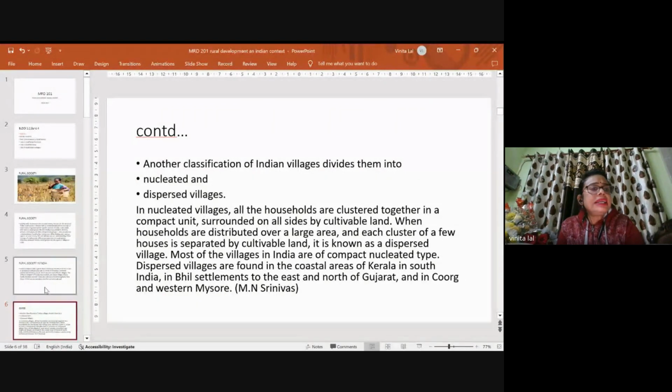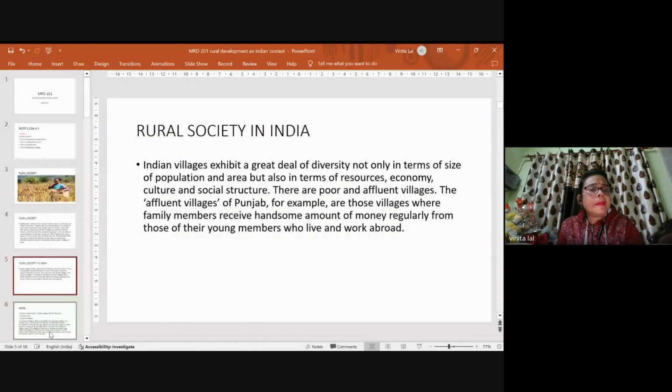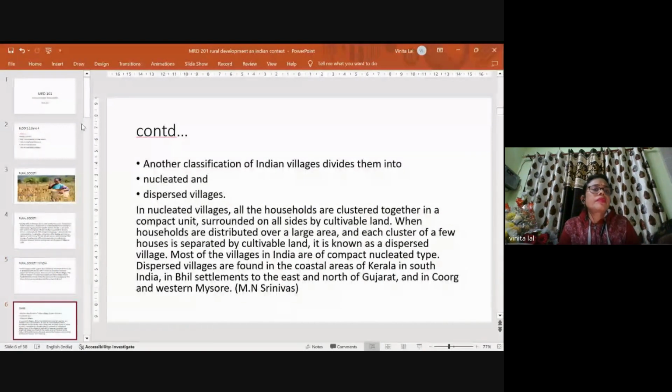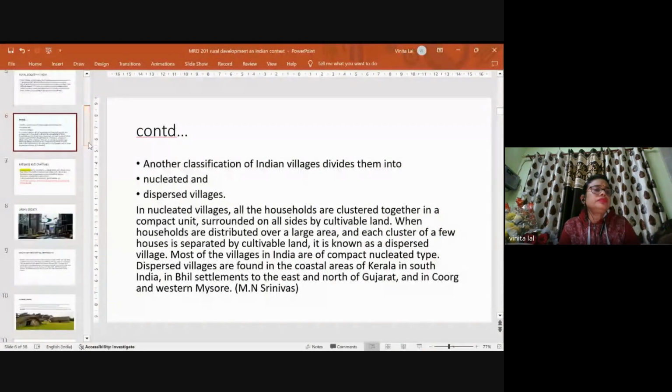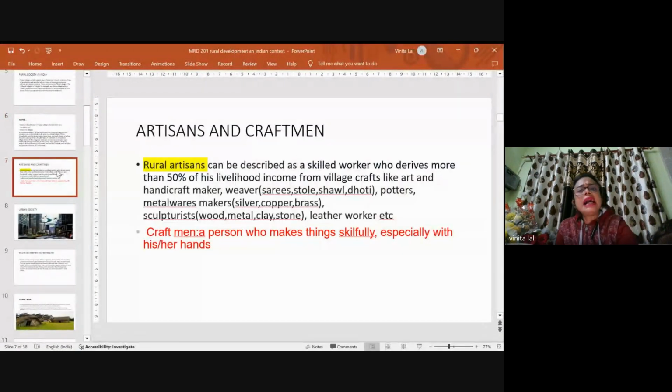Come to the next slide. What are artisans and craftsmen in rural society? A rural artisan is described as a skilled worker who derives more than 50% of his livelihood income from the village.